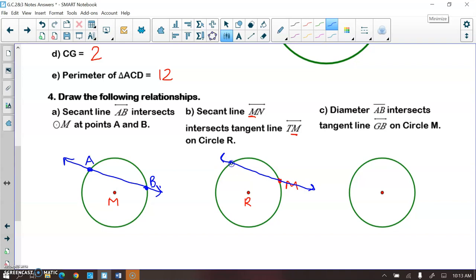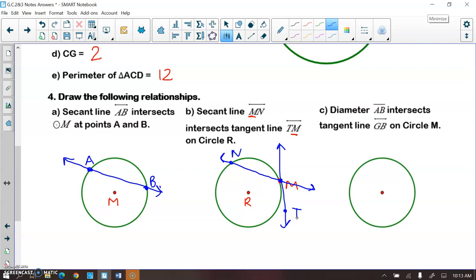And so we have NM as my secant. Both of the points are on the circle, but it's intersecting tangent line TM. So my tangent line is going to go through point M, but then point T is going to be off the circle, an external point.